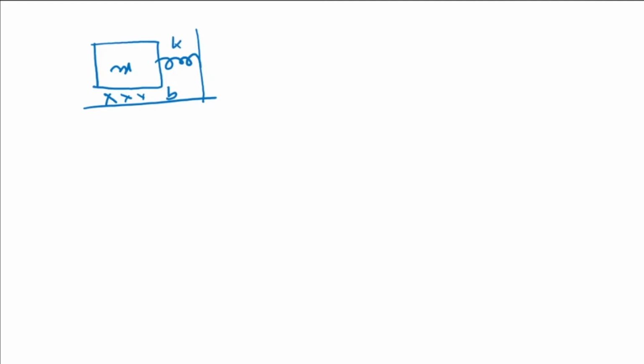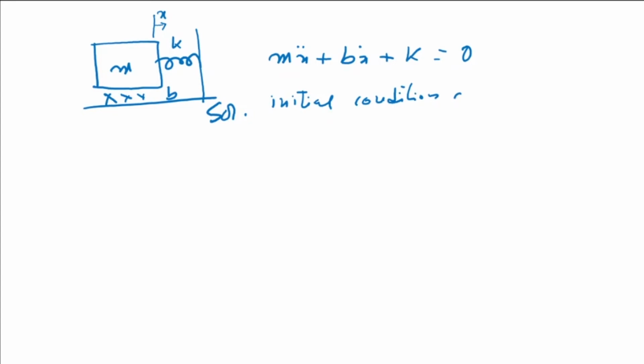Now the equation of motion of this system can be written in the form m x double dot plus b x dot plus k x is equal to 0. Here this is my x, starting from there. The solution of this equation is a time function x(t) that specifies the motion of the block, and the solution depends on the initial conditions of position x and velocity x dot.